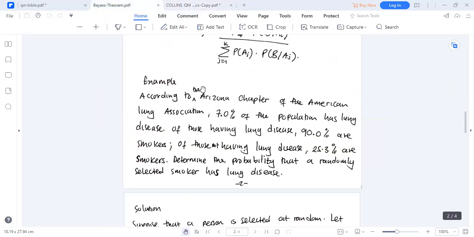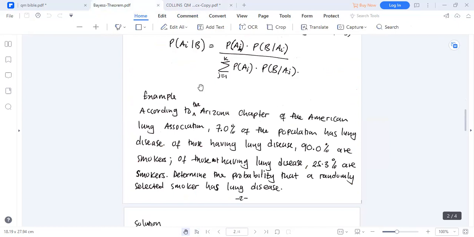So, let me take you to the example from class. According to the American chapter of the American Lung Association, 7.0% of the population has lung disease. 90% are smokers. Of those having lung disease, 25.3% are smokers. Determine the probability that a selected smoker has lung disease.